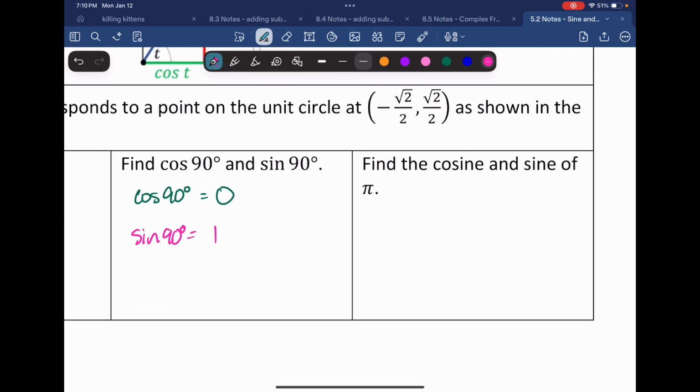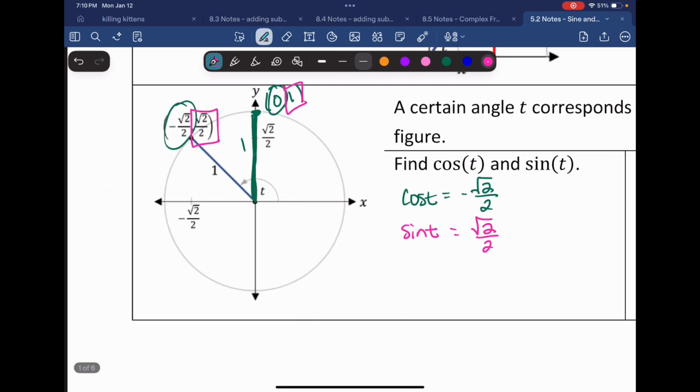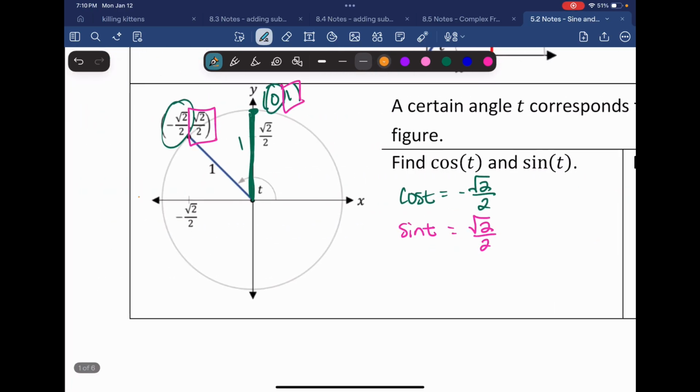Okay, find the cosine and sine of pi. Well, pi is over here. Again, we need to consider that the radius is 1. Now, this is left. So this measure, the distance, yes, it's 1, but the x-coordinate is -1. You went left 1.